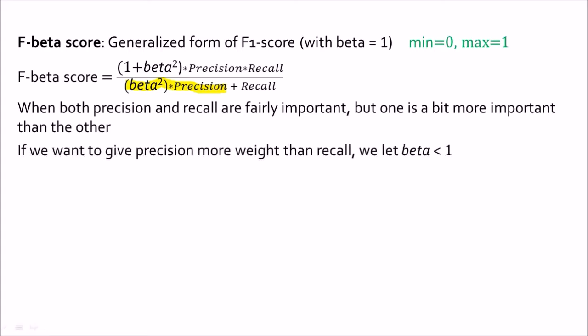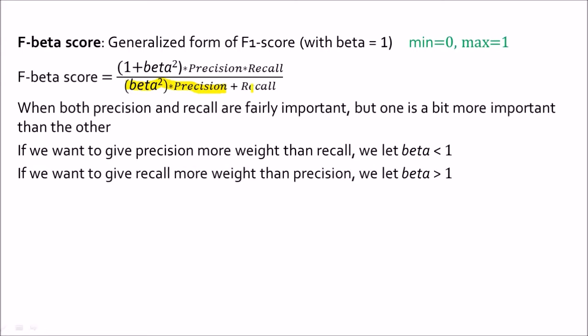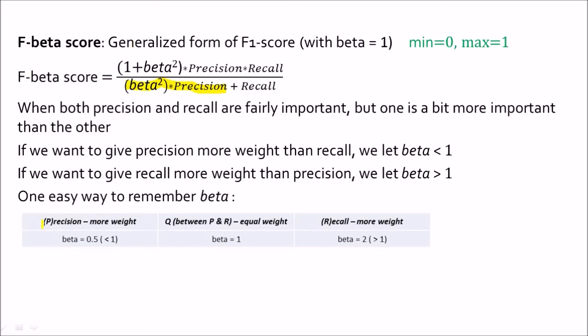Okay. Now, if we want to give precision more weight than recall, or if precision is more important than recall, then we would let beta be less than 1. And if we want to give recall more importance than precision, then we would let beta be greater than 1. One way to remember this beta value is by looking at this table. I have P for precision, R for recall, and this Q is here because it lies between P and R in alphabetical order, and we assign this Q column the value beta equal to 1.